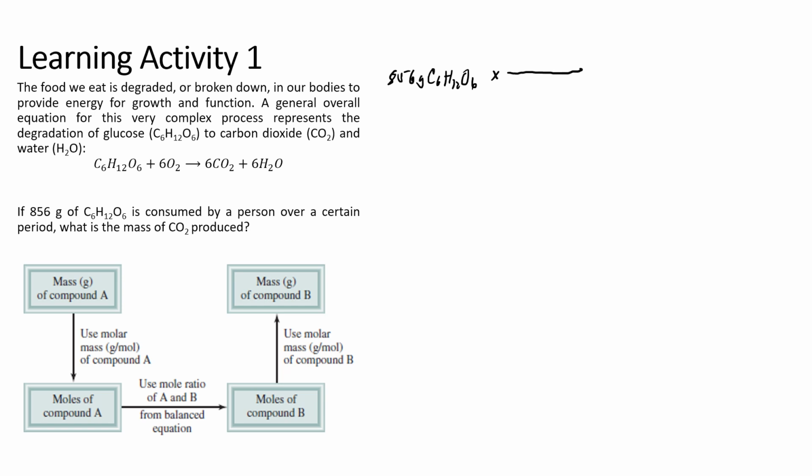So we have 180 grams per mole. Okay, so we have 180 grams of C6H12O6, okay, per mole of C6H12O6. So we are now down to the second step.